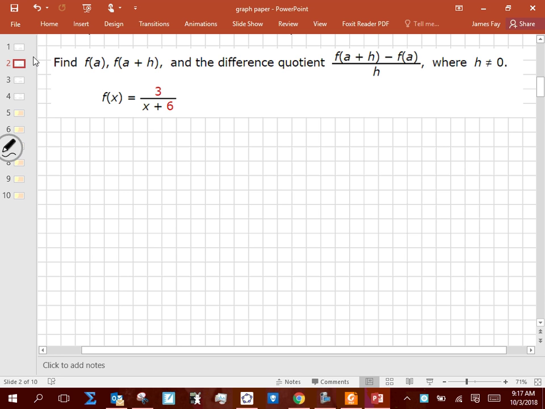I want to do this one as well, because this one's a little bit different. There's some algebra that's involved here that we've got to remind ourselves of. Same principle, and it's actually a little bit easier in substituting here. If I go f of a, that's 3 over a plus 6, right? And if I do f of a plus h, okay, that's 3 over a plus h plus 6, correct?